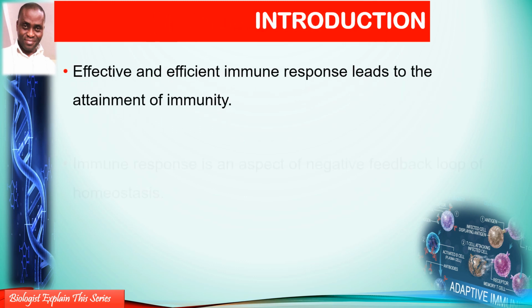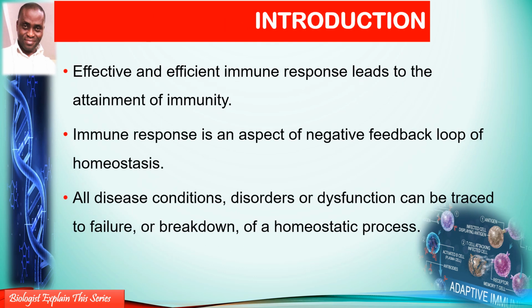Now let's look at the background to our lesson. We need to make a distinction between an immune response and immunity. They are often confused by candidates. You attain immunity if you have an effective and efficient immune response.